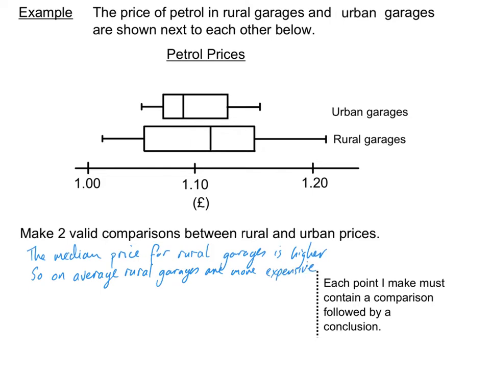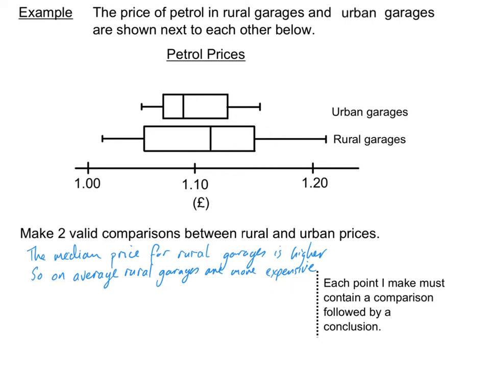Now, not all rural garages are more expensive, but the median value, remember, it just gives you the average. So it's important, again, we use these words here, so on average. That should really be there in your conclusion. We've got two parts to this. We've got a comparison and we've got a conclusion. So our comparison is the median price for rural garages is higher, and then a conclusion, so on average, rural garages are more expensive. Now, that's taking care of the median comparison.